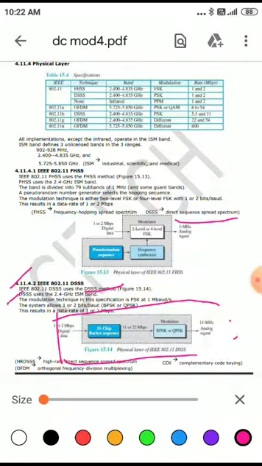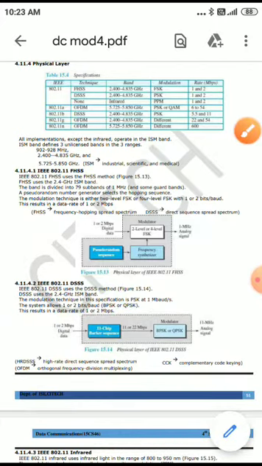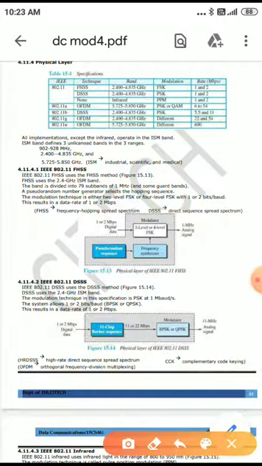DSSS uses the ISM band range of 2.4 gigahertz. Here also we are going to use the same band, the 2.4 gigahertz ISM band.